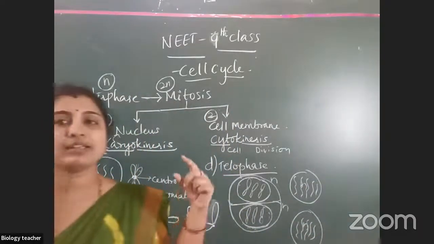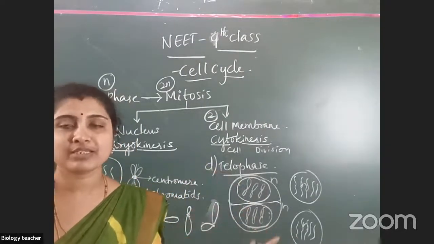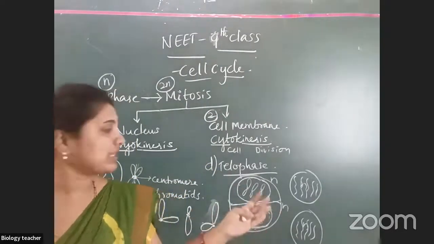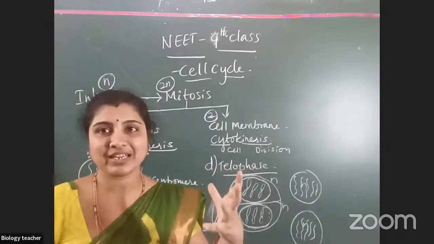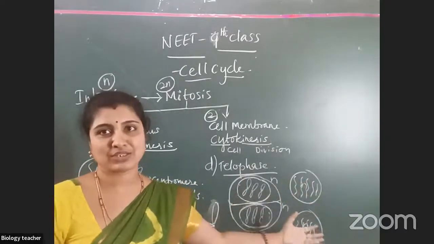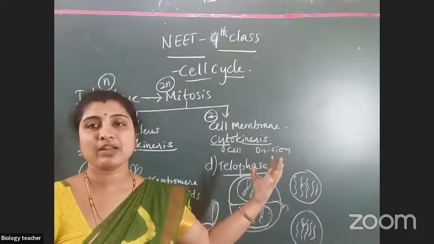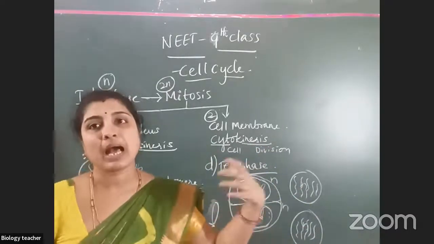So what are the things happening in the prophase? The reverse of prophase happens in the telophase. There the cell size increased. Here the cell size decreased, because two cells formed. There the nuclear membrane disappeared. Here the nuclear membrane appeared.